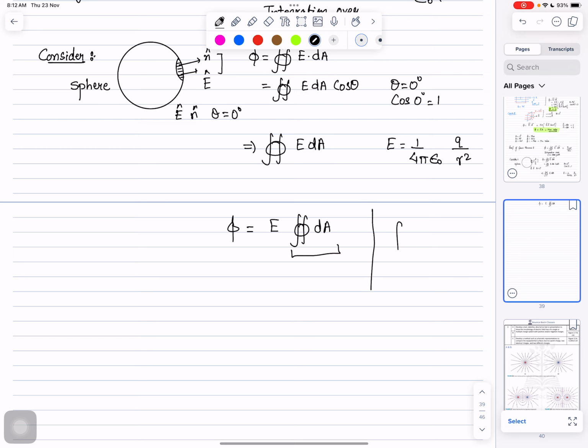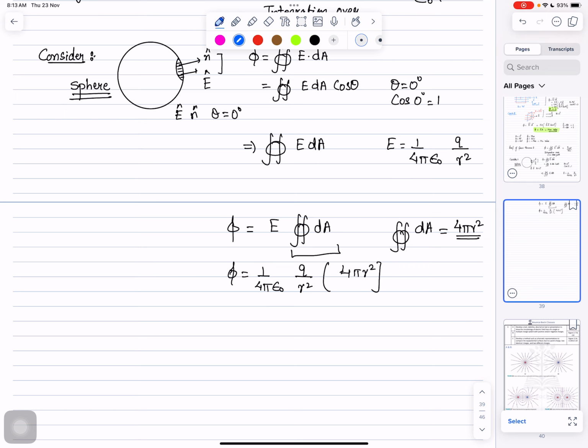Solve it. Integration of dA is the area. We are using a sphere, so what is the area? 4 pi R square. So use the value. Flux is equal to E, which is 1 over 4 pi epsilon naught Q over R square, multiplied by the area 4 pi R square.